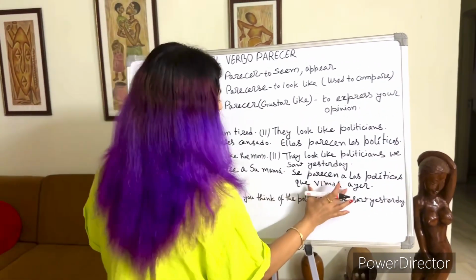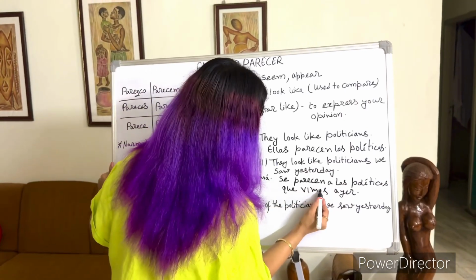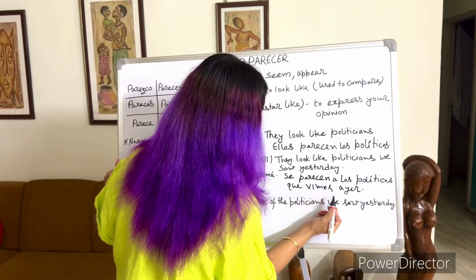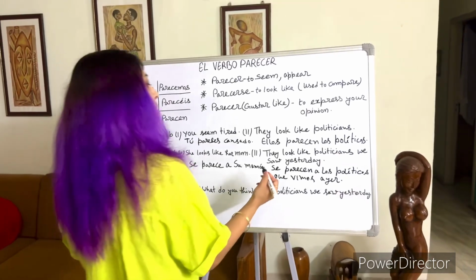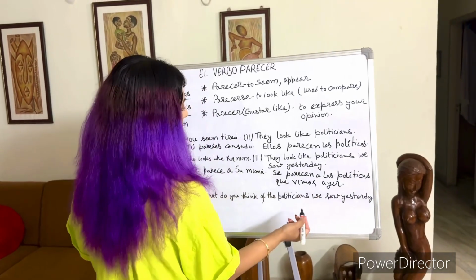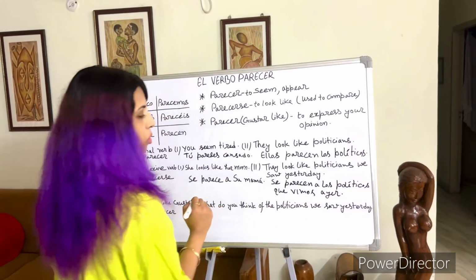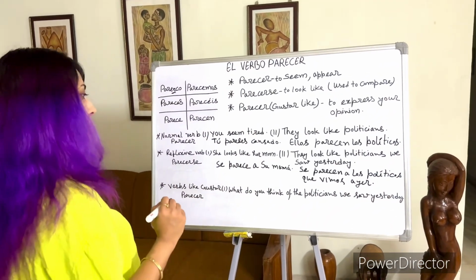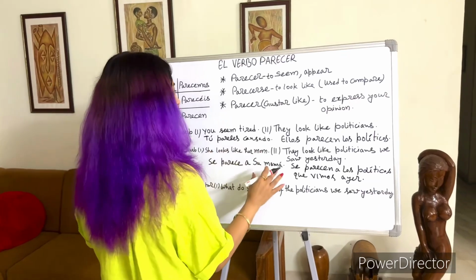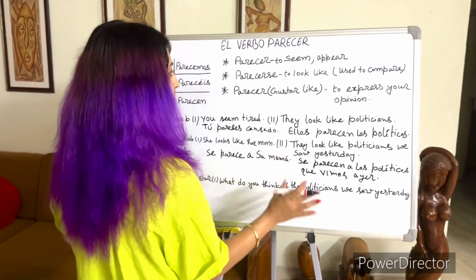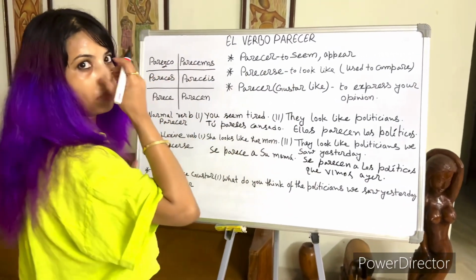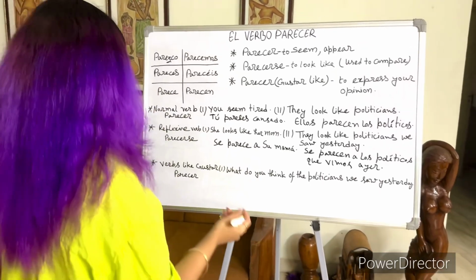So don't worry about this structure, que vimos ayer. We'll learn this structure as well. This means we saw yesterday. Se parecen a los políticos que vimos ayer. So now you understand when you are supposed to use parecer in reflexive form.